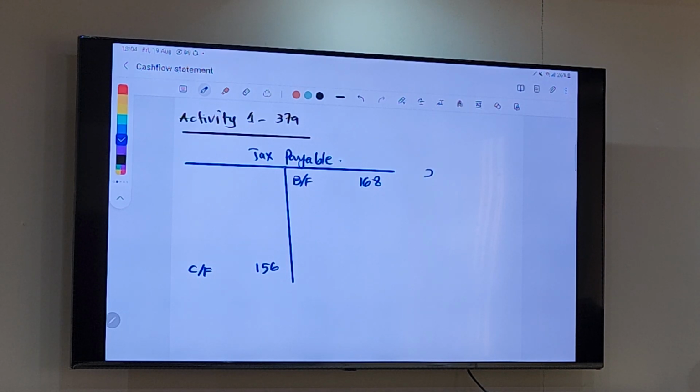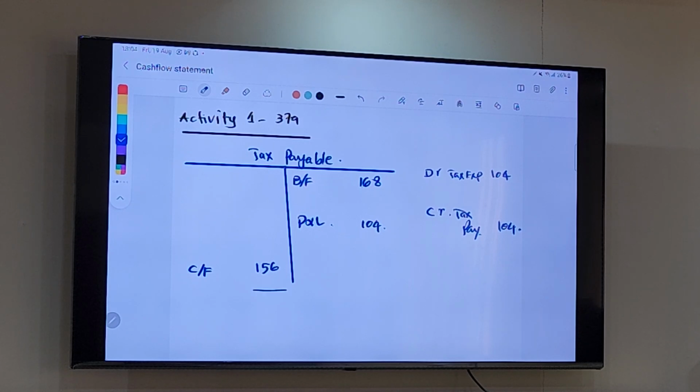You need to think where debit and where credit. We need to debit the tax expense account 104 and then credit tax payable 104. So you credit 104 and the debit goes to the profit and loss.